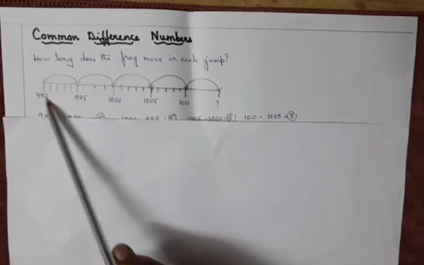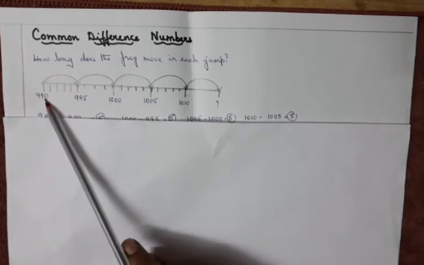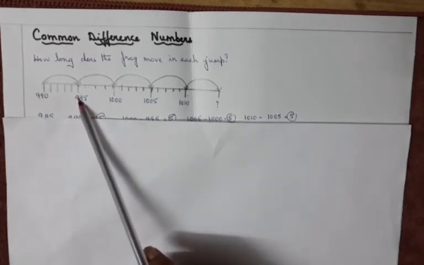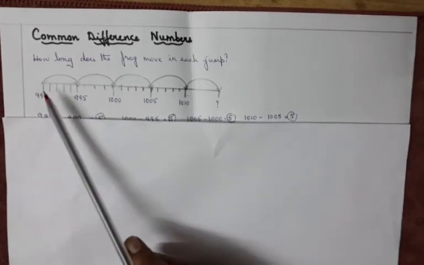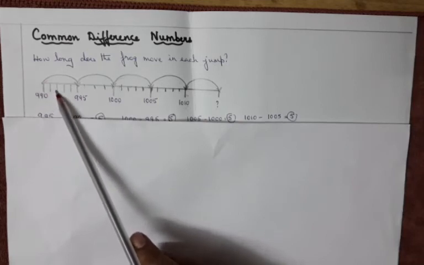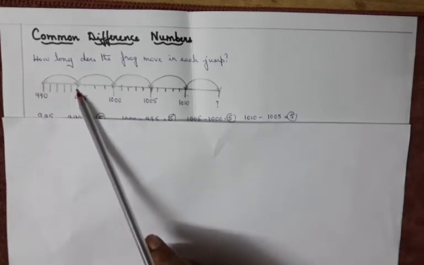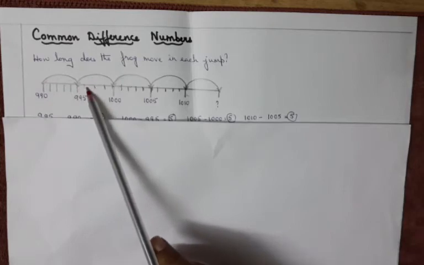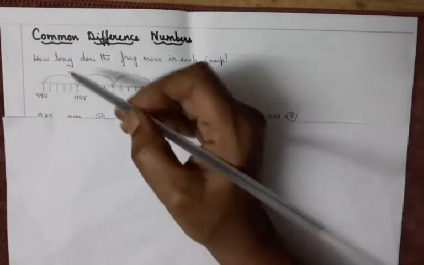Now you see the frog is jumping from 990 to 995. How many jumps is it jumping? 1, 2, 3, 4, 5. 5 jumps.